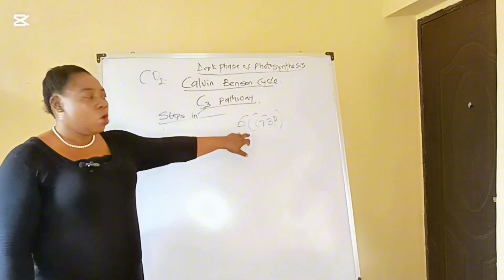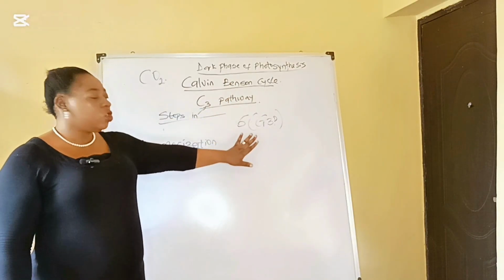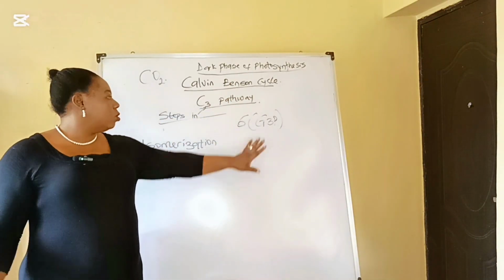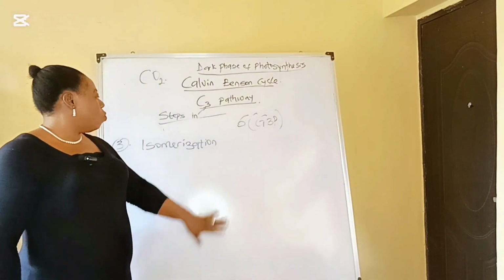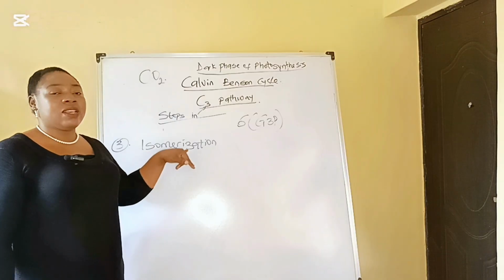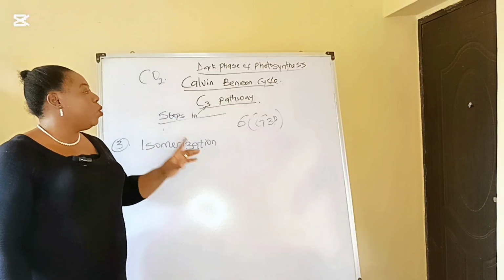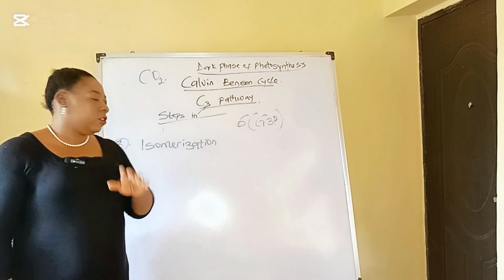One of those molecules leaves the Calvin-Benson cycle, leaving us with 5 molecules of glyceraldehyde 3-phosphate.